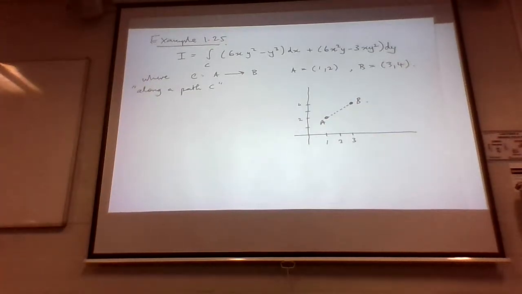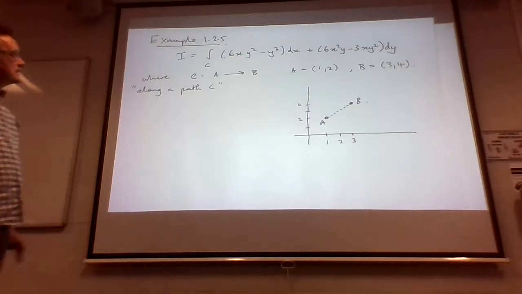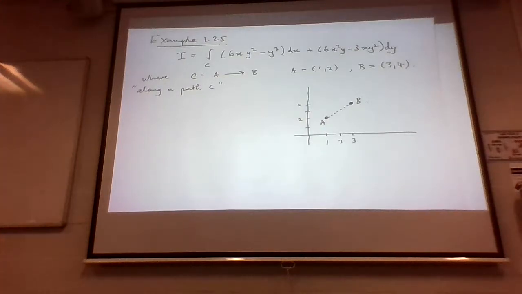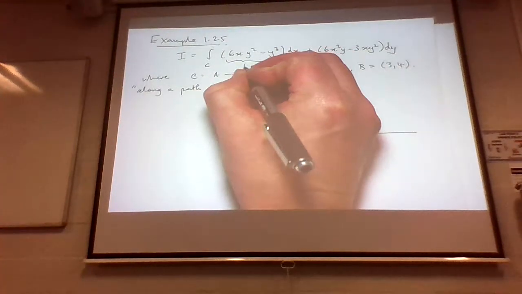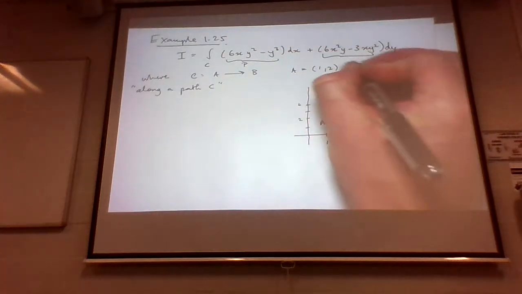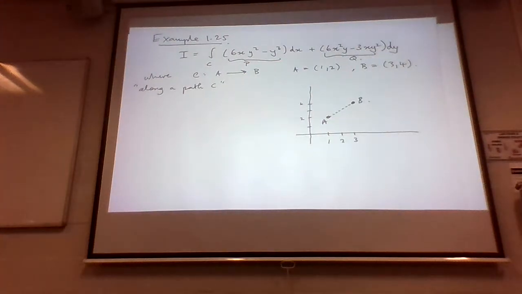But given that we're in the path independence section, we should maybe inspect the linear differential form we're asked to integrate. This is our function p, multiplying dx, and this is our function q, multiplying dy.